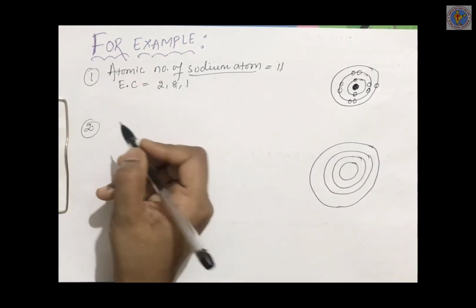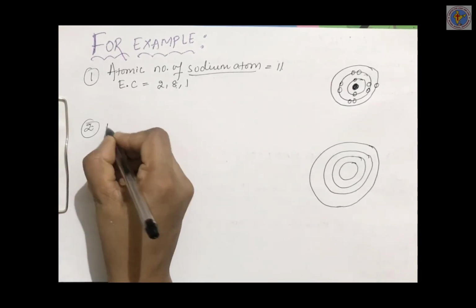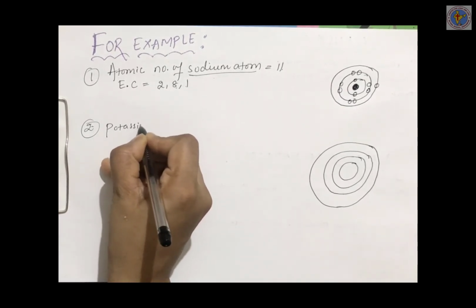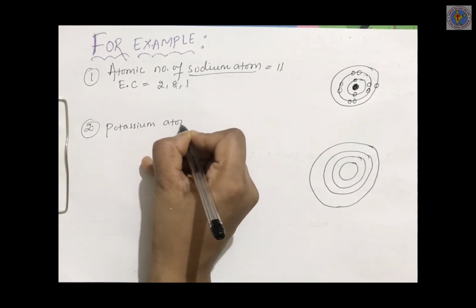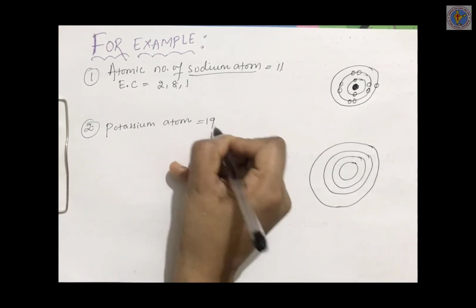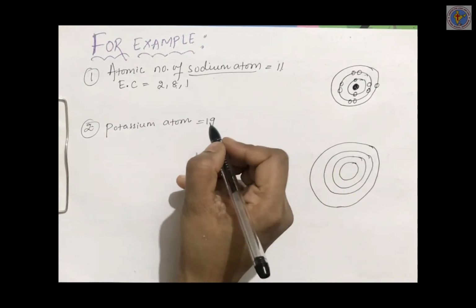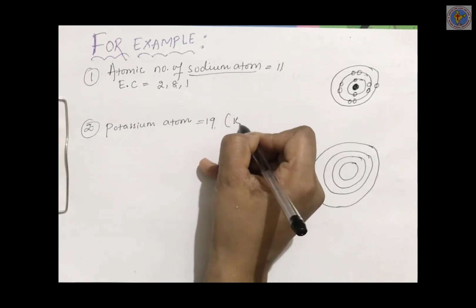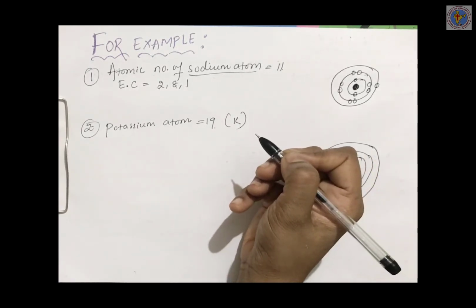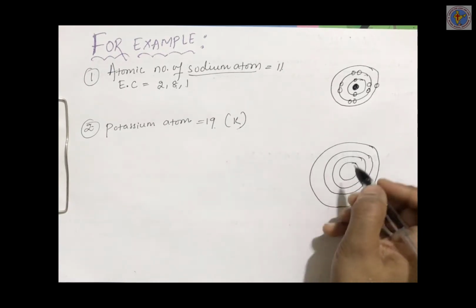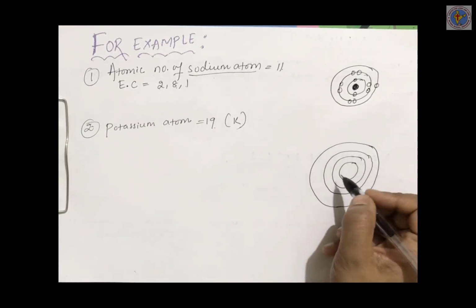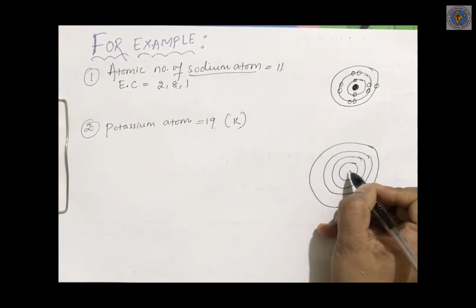Let us consider another example. Let us consider the potassium atom. Children, what is the atomic number of potassium? 19. And what is the symbol of potassium? K. Here also, while drawing the orbital structure, it is very necessary to draw the nucleus of potassium.